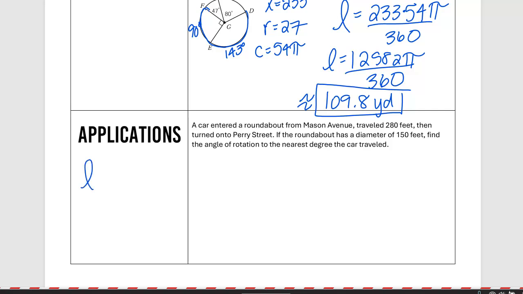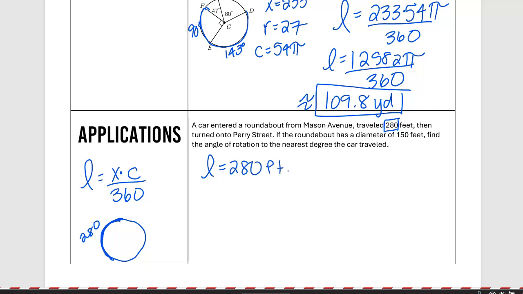So let's look at our arc length formula. This arc length is the distance along that circle. So if we have a car traveling along a circle, then it's 280 feet. We were already given the arc length. So for this problem, we know L equals 280 feet.